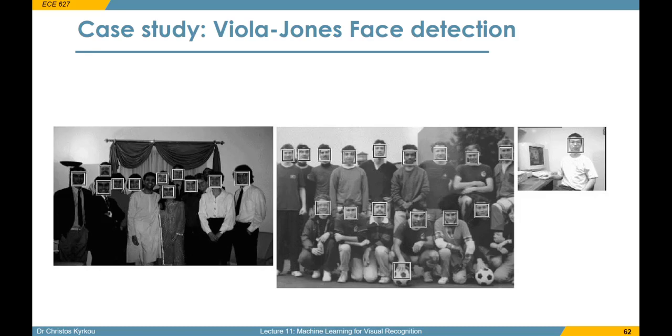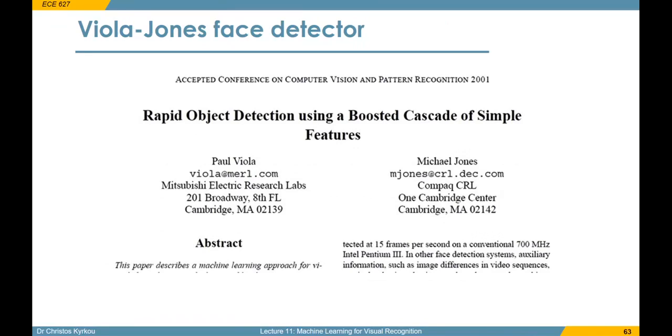This was, at its time, the first real-time face detection system that was available. And it was implemented later on in a lot of digital cameras and early smartphones to do face detection. It was presented at CVPR in 2001 by Paul Viola and Michael Jones.